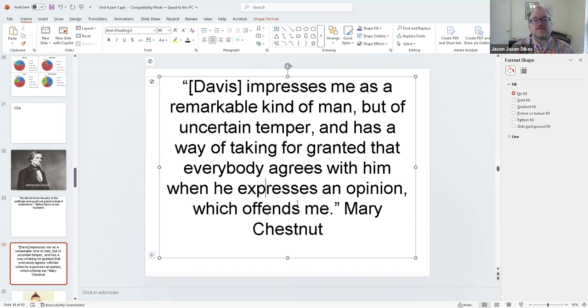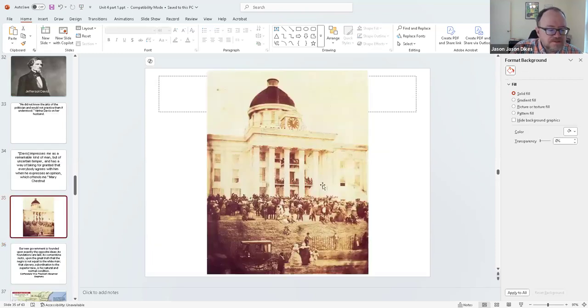If you've ever seen that movie Lincoln, the one with Daniel Day-Lewis playing Lincoln, it explores some of that relationship between Lincoln and his subordinates.